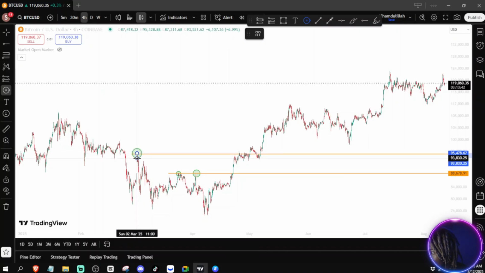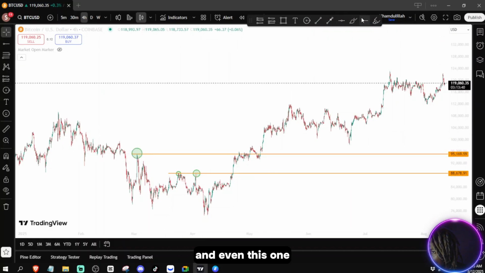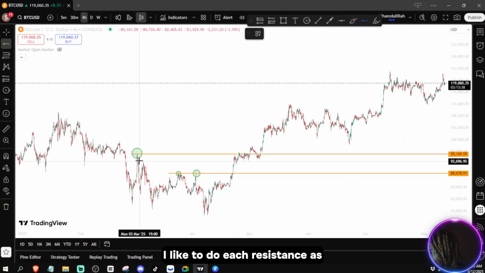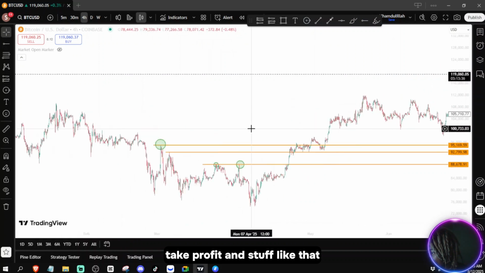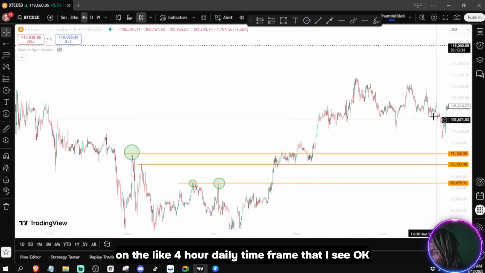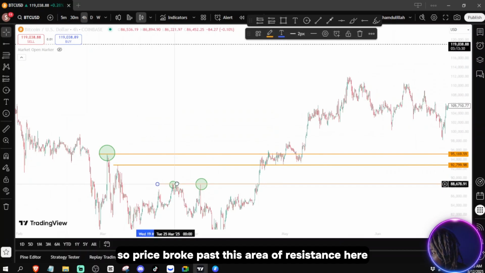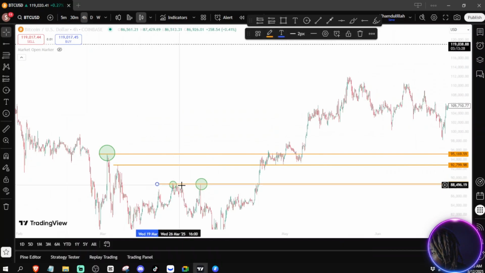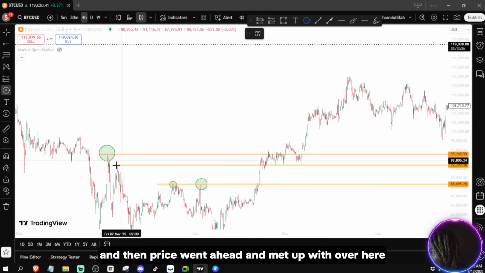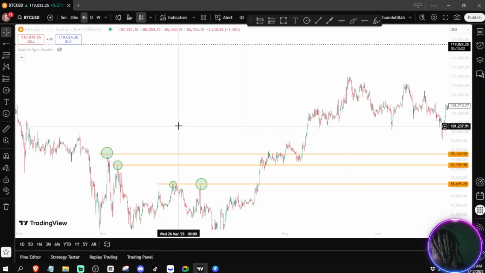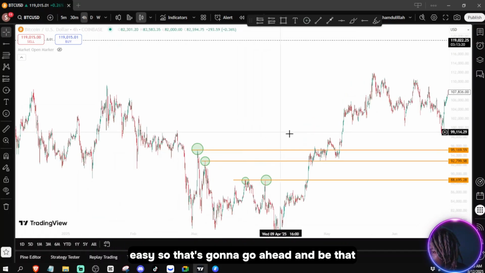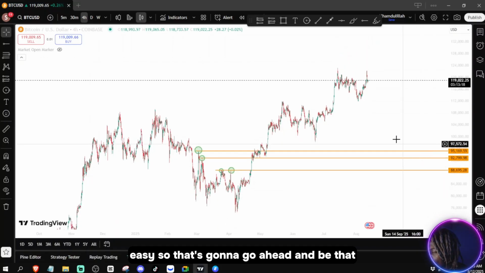And even this one, I like to use each resistance as a take profit on the 4-hour and daily time frames that I see. So price broke past this area of resistance here, and then price went ahead and met up with over here. Easy. So that's going to be that.